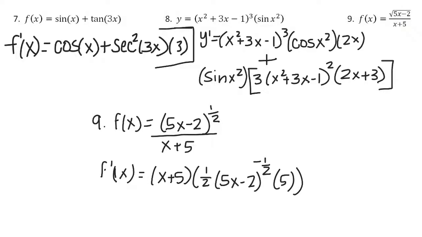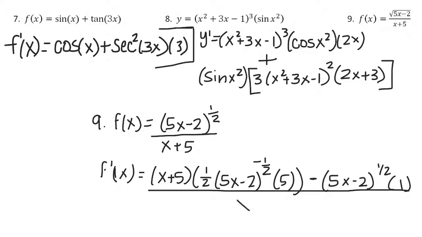Okay, so first, bottom times the derivative of the top, minus the top times the derivative of the bottom. What's the derivative of the bottom? It's just 1, isn't it? So times 1, all over what? (x plus 5) all squared. Now we do need to simplify this portion right here.